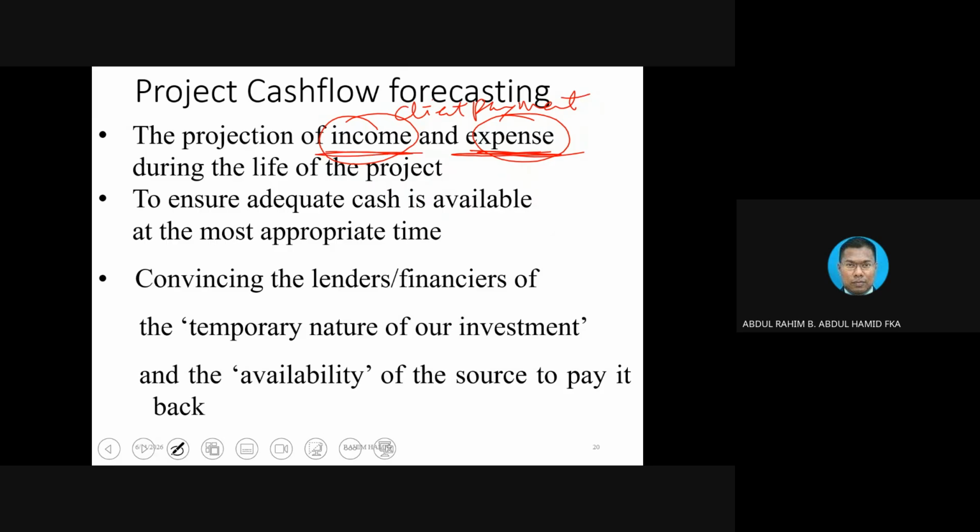We never know. If we are dealing with a good client that pays according to whatever they promise and pays according to what we claim, that is a healthy cash flow. But whatever it is, there will be situations where the expense could be more than the income going in.